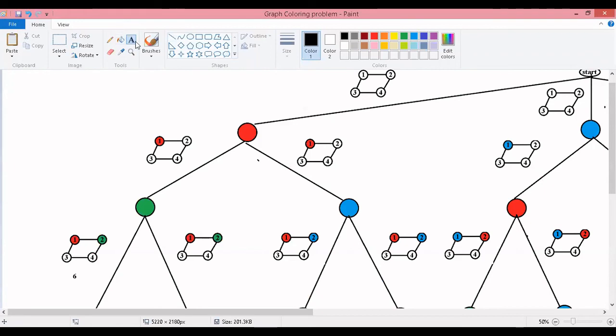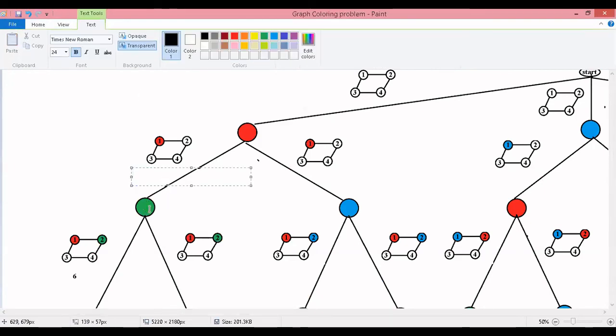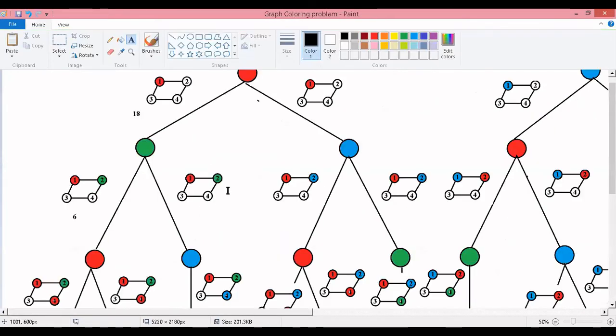In the same way here, when you are coloring, this green color node is compared with this red node 3 times, plus, it totally comes out to be 18 times. How? I'll tell you.